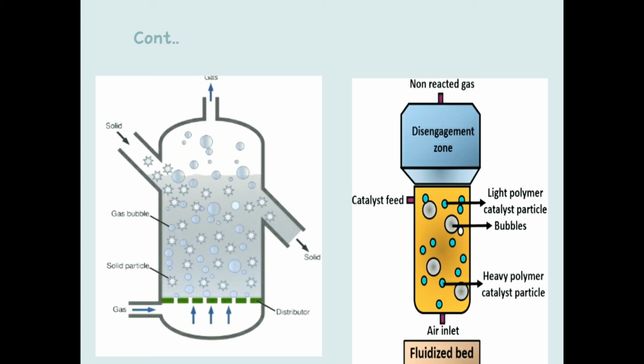With this reactor, it is possible to regenerate the catalyst continuously without shutting down the reactor. The reactor is particularly suitable when the heat effects are very large or when frequent catalyst regeneration is required.